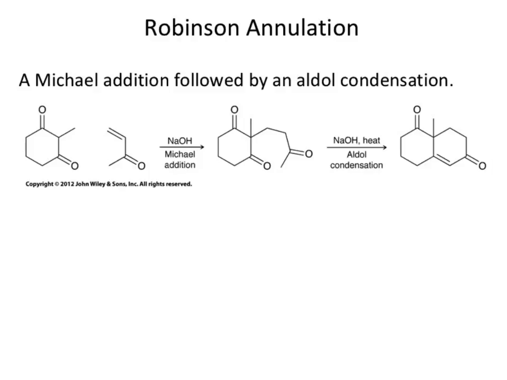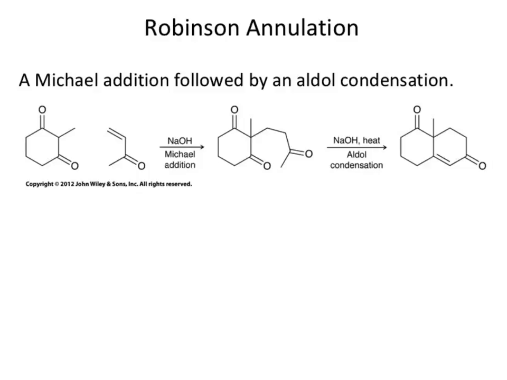So if I do a Michael reaction followed by an aldol condensation, 2 reactions that we've already attached a name to, but I do them step by step, I can now add another name to it. Seriously? And what we'll find is that this chemistry shows up again, because what if it's not a carbonyl that I'm starting with?